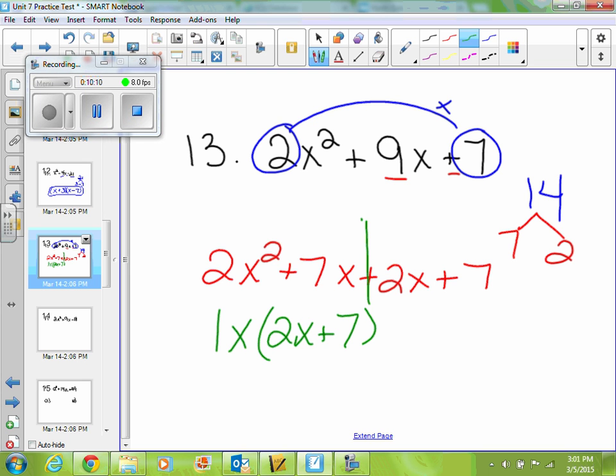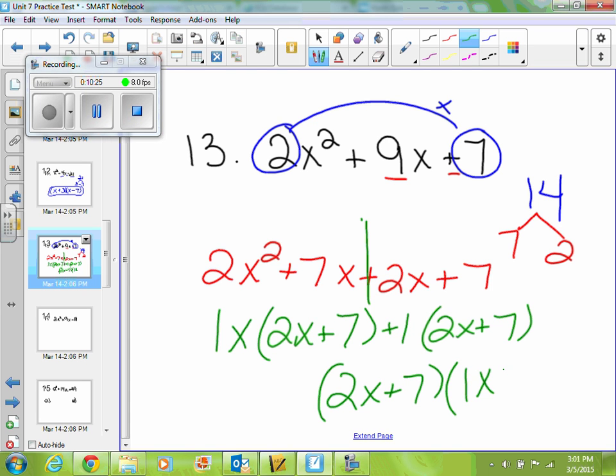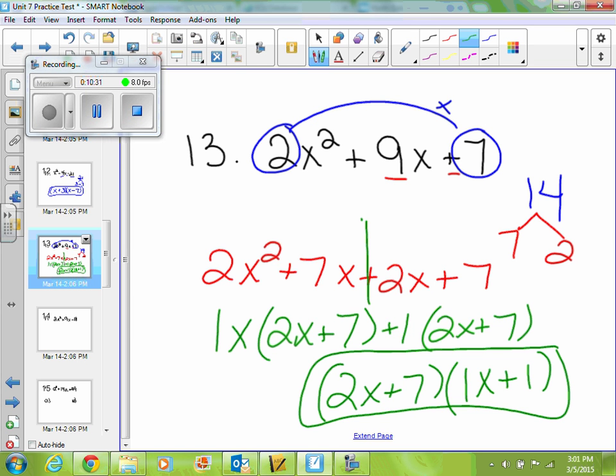Okay, what goes into 2 and 7? 1. 2x divided by 1 is, 7 divided by 1 is. So what's the same? What's left over? Very good. So 2x plus 7 and 1x plus 1. Alright, so any questions on 13?